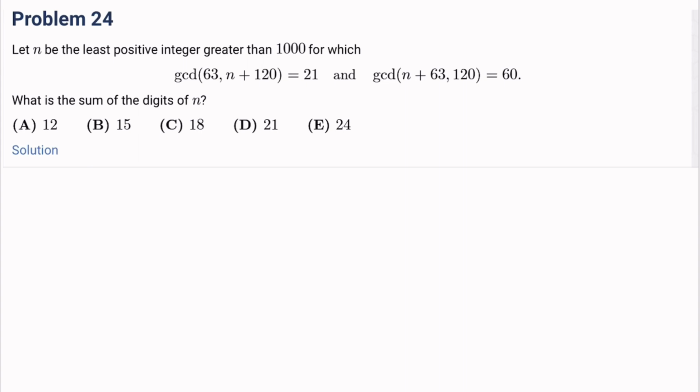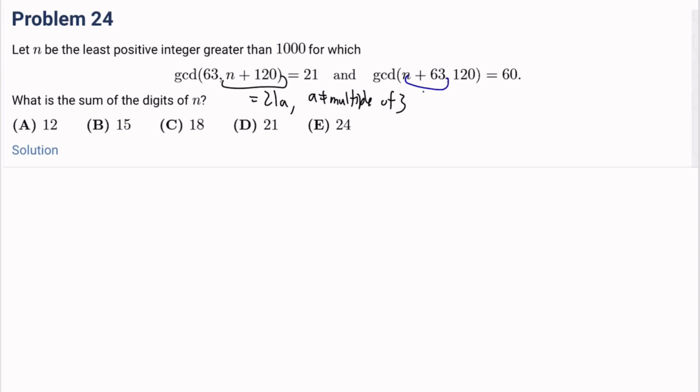Since the GCD of this and this equals 21, and 63 equals 21 times 3, that means n plus 120 is 21a, and a cannot be a multiple of 3, because if a was a multiple of 3, then the GCD would have been 63, not 21. And same for this one.